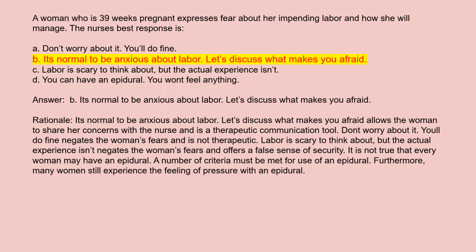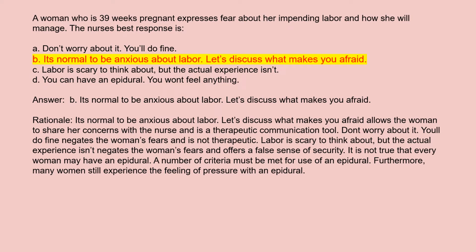Answer: B. It's normal to be anxious about labor. Let's discuss what makes you afraid. Rationale: it's normal to be anxious about labor. Let's discuss what makes you afraid allows the woman to share her concerns with the nurse and is a therapeutic communication tool. Don't worry about it. You'll do fine negates the woman's fears and is not therapeutic.